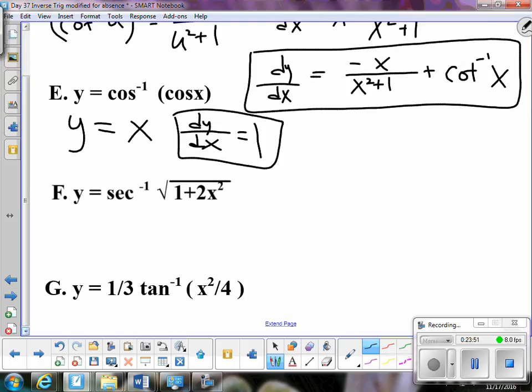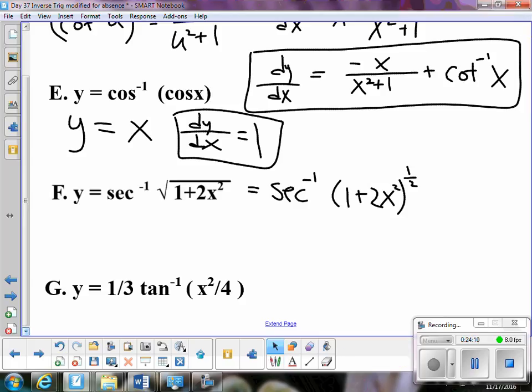So we kind of got away with it that time. The next one, we are going to have to know this is the derivative of the inverse secant of, and you know, I want to put parentheses. That we're going to replace the square root with the exponent of 1/2. And you know we're going to be applying the chain rule, so let's put parentheses around all that. So we're going to be taking the derivative of the inverse secant of the quantity 1 plus 2x squared to the half.